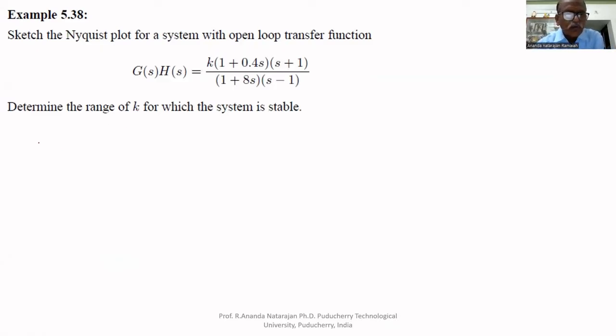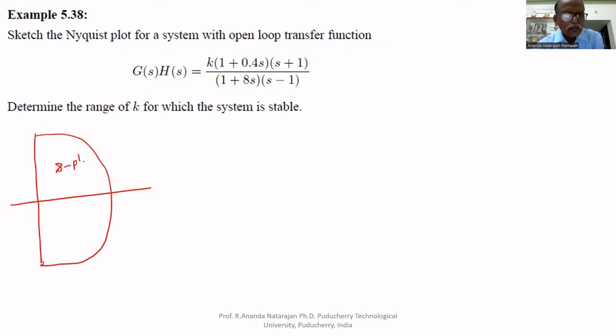First of all, we have to get the Nyquist contour. This is the Nyquist contour on the s plane. It goes from 0 plus to j infinity. That segment is called C1. The second segment is called C2.